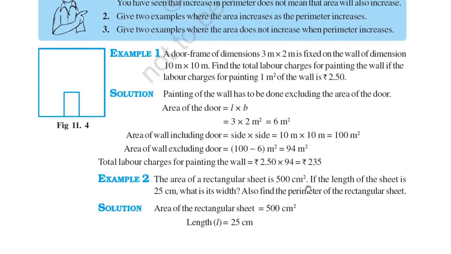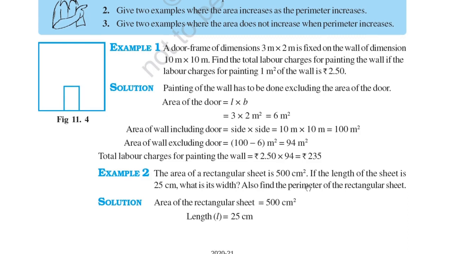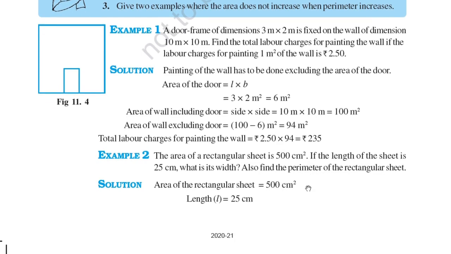A door frame of dimension 3 meter into 2 meter is fixed on a wall of dimension 10 meter into 10 meter. Find the total labor charge for painting the wall if the labor charges for painting 1 meter square of wall is rupees 2.5. So the solution: the area of the wall has to be found excluding the area of the door.